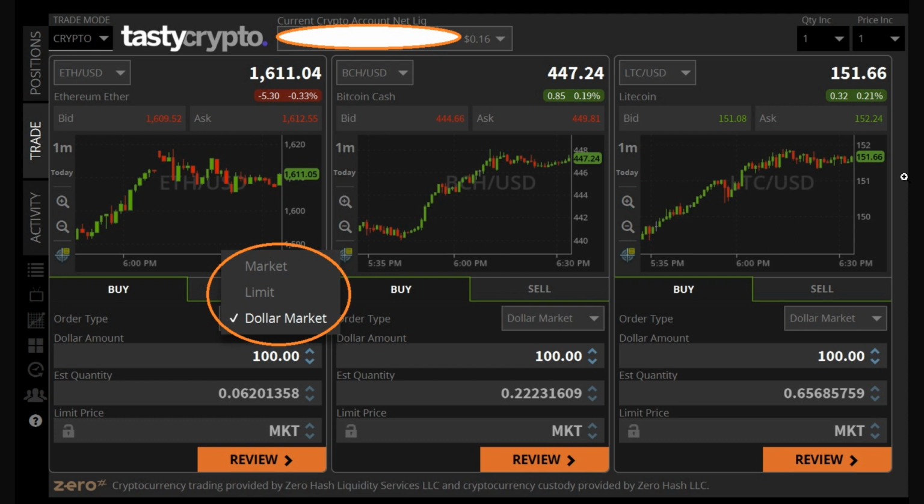If you're not familiar, with market orders, you just buy into the given market at that point. Since it's a market order, you're buying at that particular share price, or whatever you want to call it, the current value of the crypto coin. So with a Litecoin, for example, you would be paying 151.66 or whatever the average market value is between the bid and the ask.